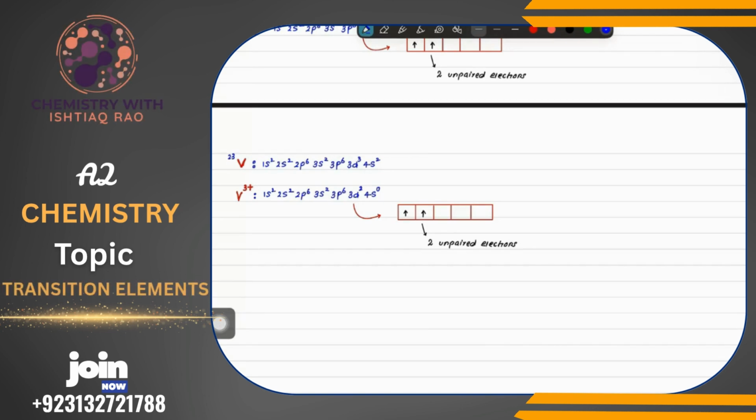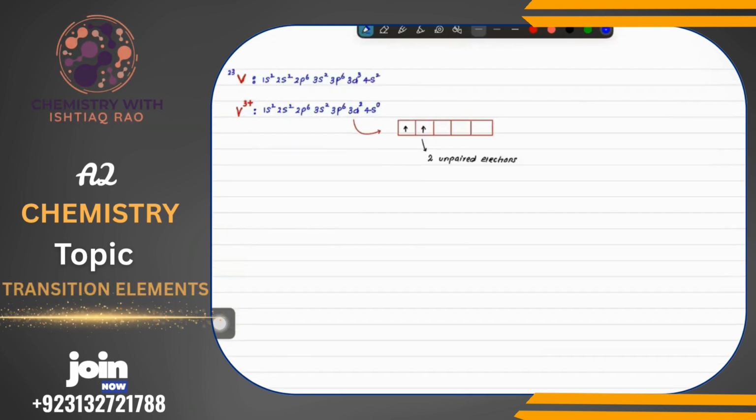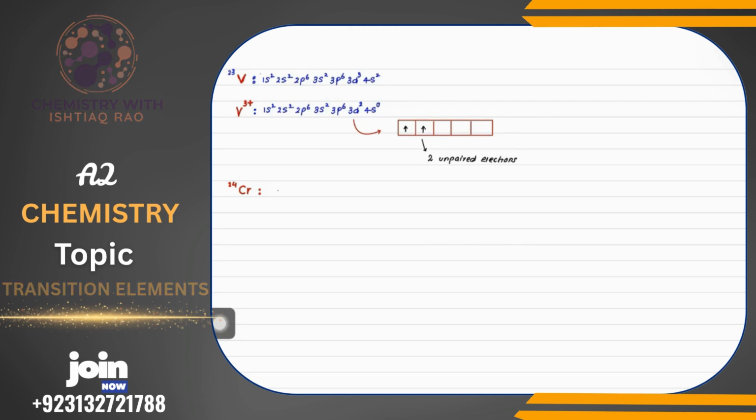Okay, let me check. First of all, I'm going to write down the electronic configuration of chromium. Chromium is 24. So the configuration would be the same thing: 1s2, 2s2, 2p6, 3s2, 3p6, and 3d4.